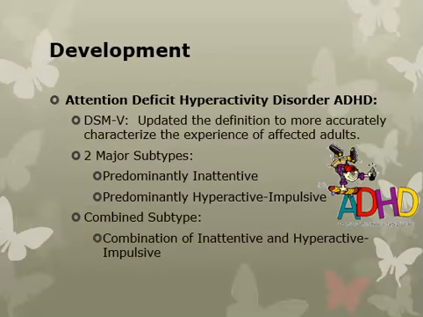There are two major subtypes: inattentiveness and hyperactivity. The inattentiveness is what they would refer to as ADD, attention deficit disorder. And really anymore, they don't necessarily differentiate between the two of these.